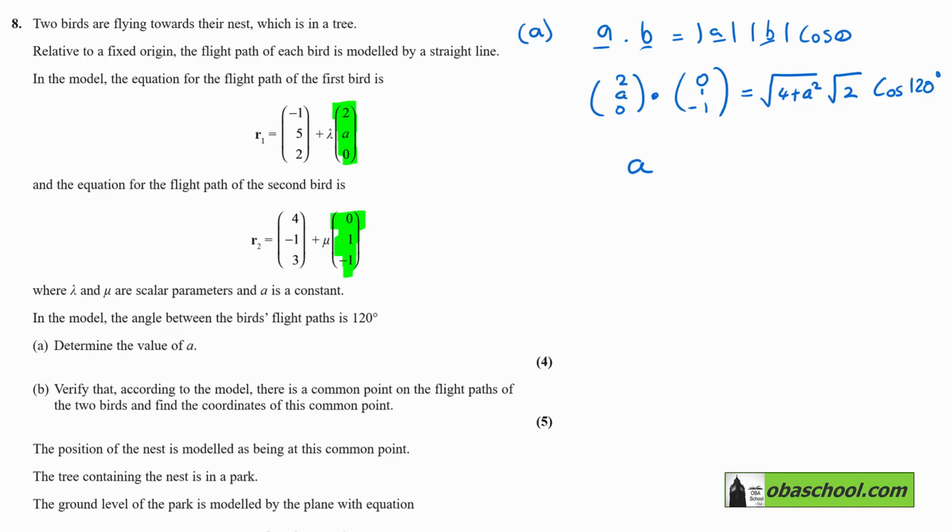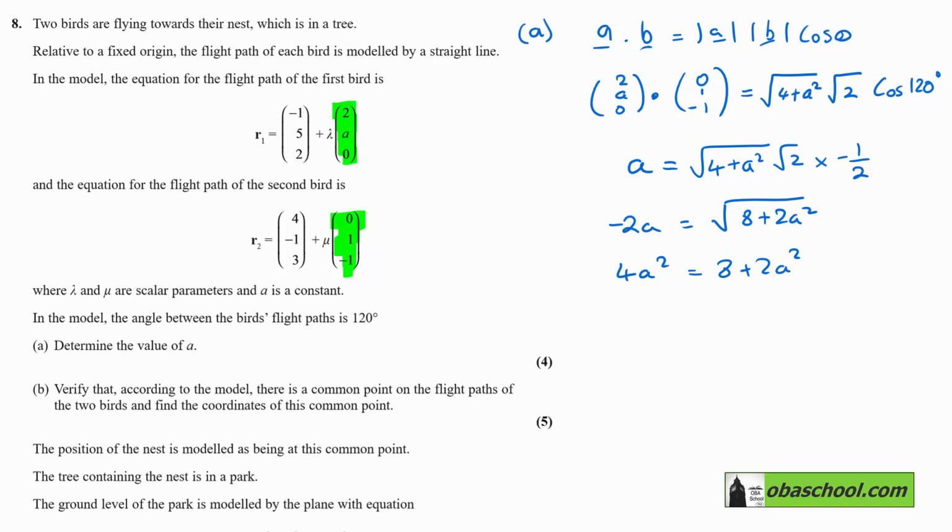This side gives me a, so I have a is root 4 plus a squared, root 2, times -1/2. So I have -2a is the square root of 8 plus 2a squared, if we put the two square roots together. Squaring both sides gives me 4a squared is equal to 8 plus 2a squared.